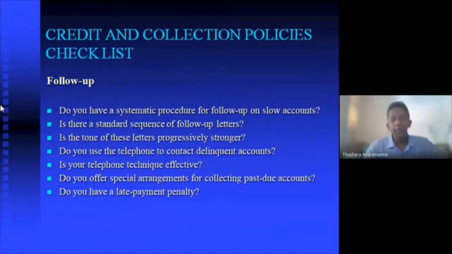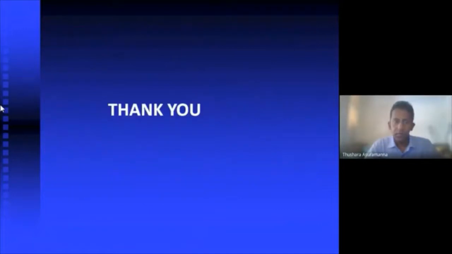There's also follow-up. Once we approve, we do follow-up on accounts. This follow-up is basically a credit control activity. When following up, you try to do these activities: systematic procedure, standard sequence, letters, telephone, techniques, and so on. So these are again useful.